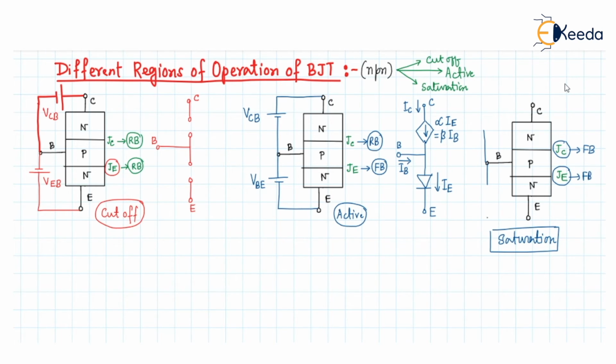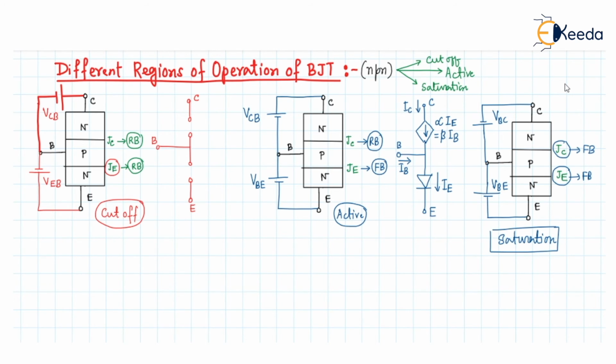For that, the emitter terminal should be given negative potential with respect to the base terminal, so this is the VBE potential, and the collector terminal will also be given negative potential with respect to the positive potential of the base, so this is VBC. So we can say now the transistor can operate in the saturation region.